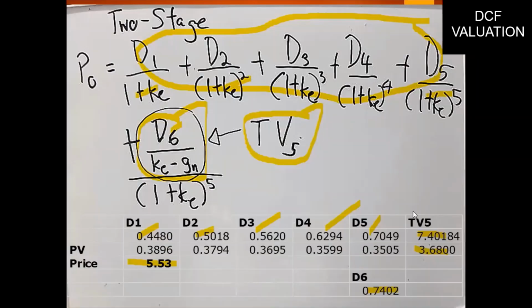The total price is 5.53, but you would see that much of the value would come from the terminal or constant growth phase. Out of the 5.53, the present value of the terminal value at year 5 is 3.68.